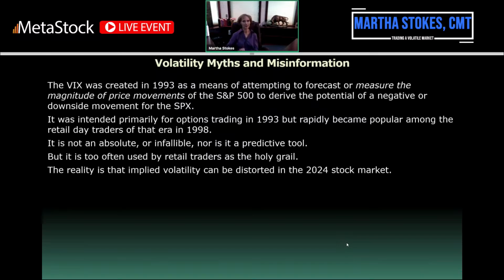The reality is that implied volatility can be distorted in the 2024 stock market. Why? Because in 2002, we went from fractions to decimals. Think about it. Fractions: 25 cents, 50 cents, 75 cents, a whole dollar. You could scalp all day long as a day trader.